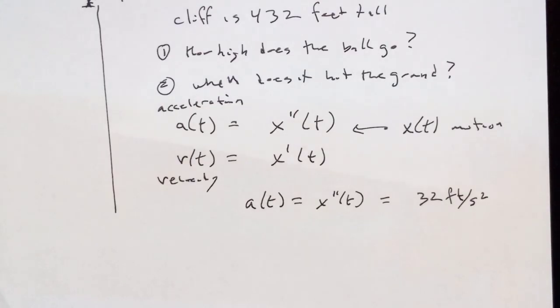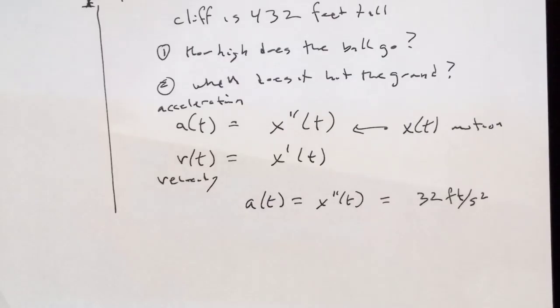What I've just written is correct if I think of down as the positive direction. If I'm thinking of down as the positive direction, I can use positive 32. It's your call. You get to decide which way is positive and which way is negative.